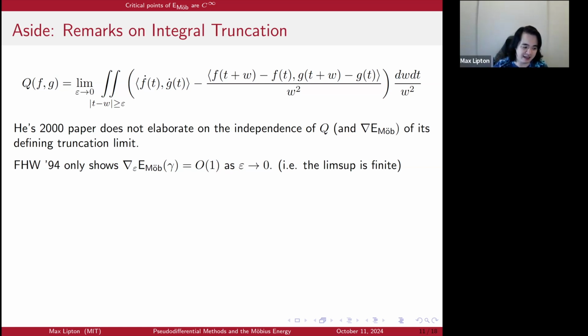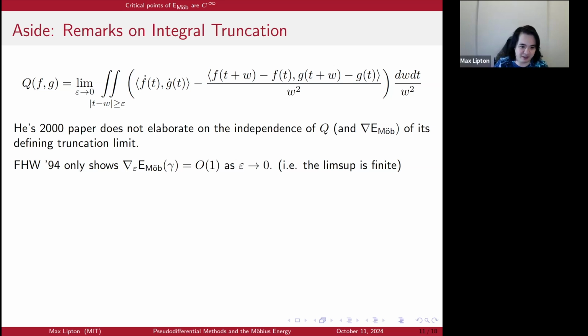And it wasn't actually mentioned in He's paper that this guarantees independence of your quadratic form and of the associated variation of the Mobius energy from the truncation limit. Just taking the distance of the parameters to be greater than or equal to epsilon, and then sending epsilon to 0, is a natural way to take a truncation, but it's symmetric in some sense, and so it's not the only way you could take truncations.